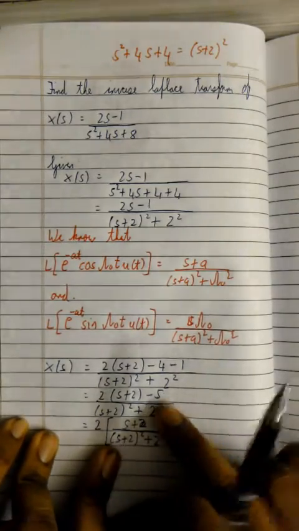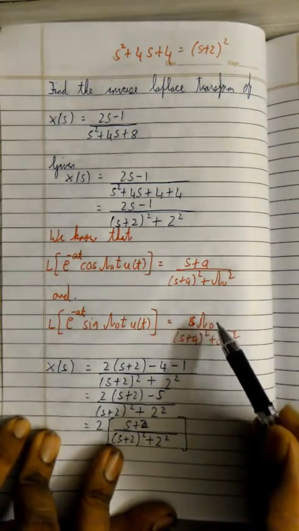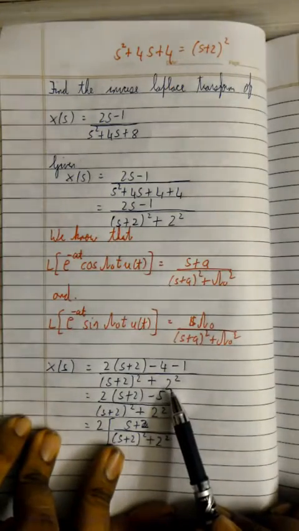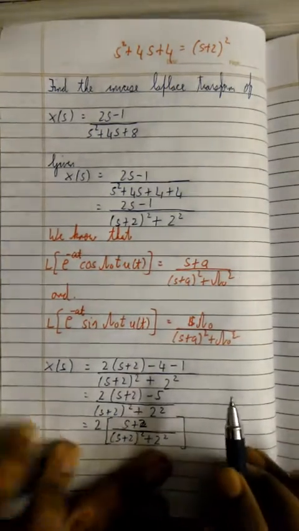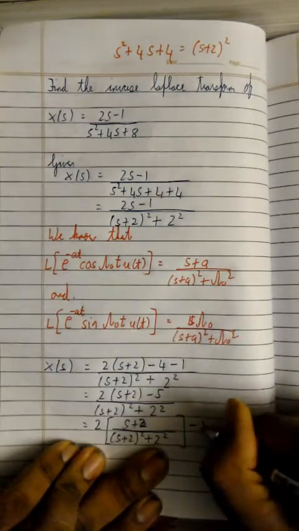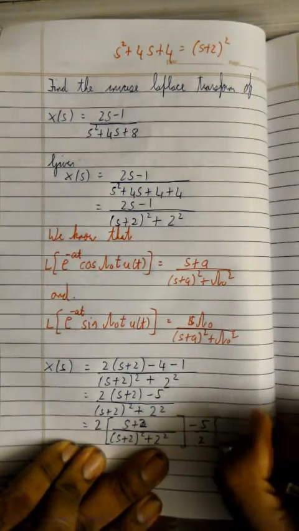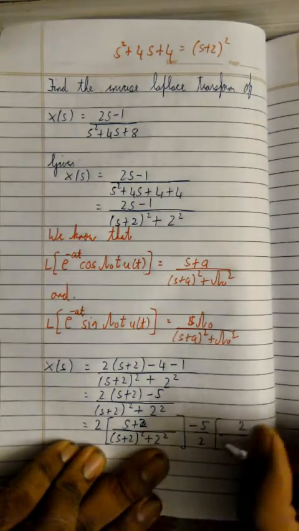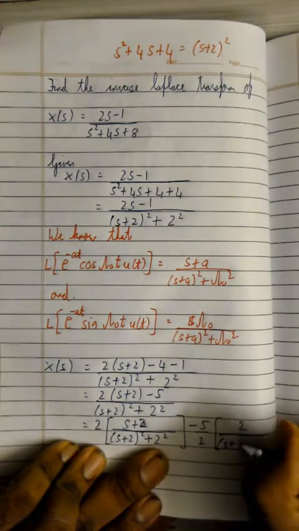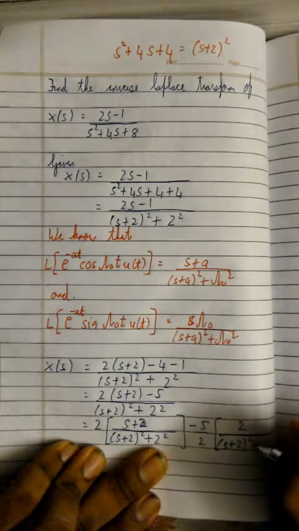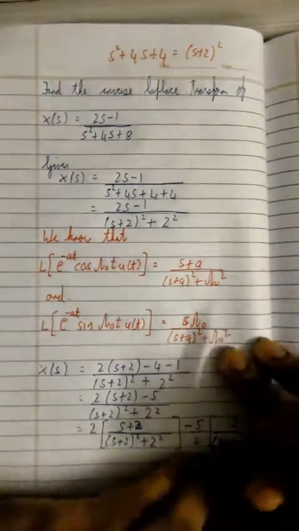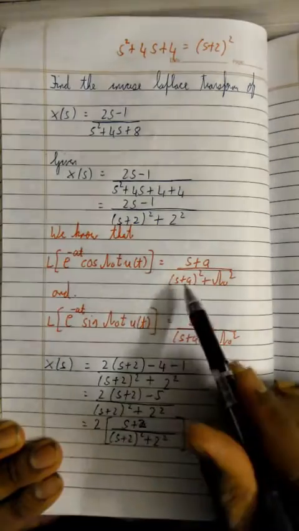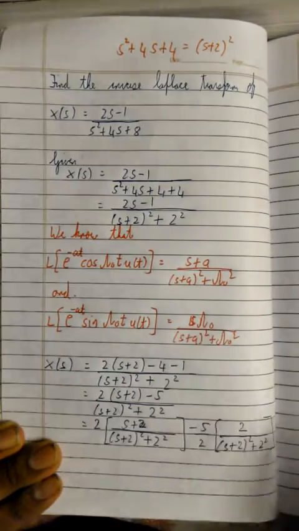What do I need at the numerator? I need ω0, and ω0 here is 2. So I'm going to divide and multiply by 2. I will get minus 5 by 2 into 2 by (s plus a) the whole square plus ω0 square, where this 2 is ω0. So this is this and this is this.